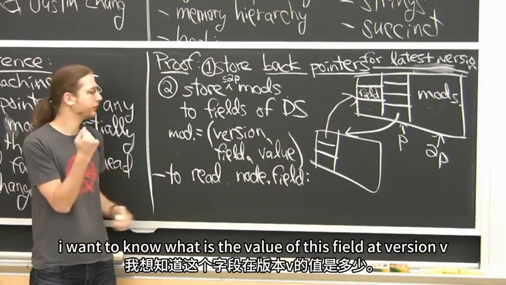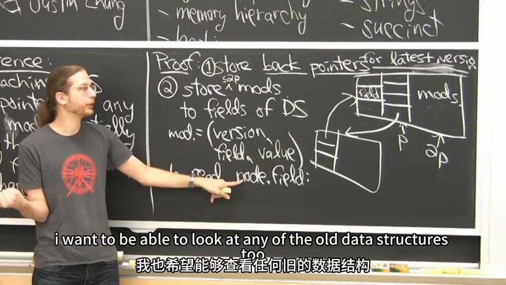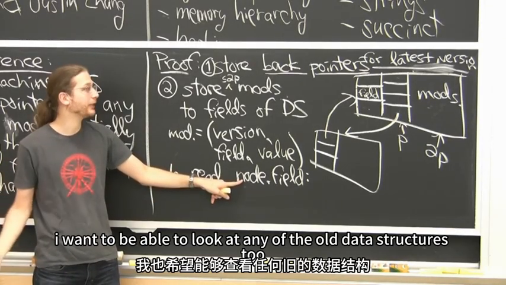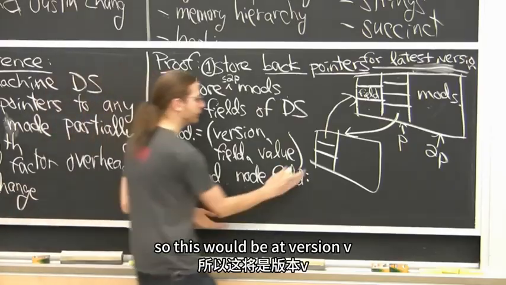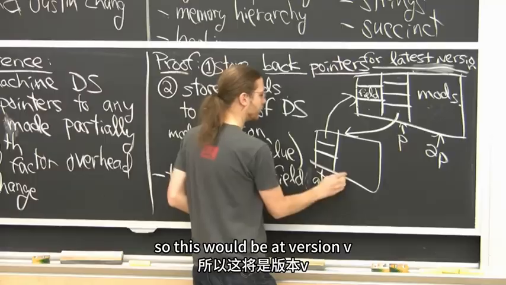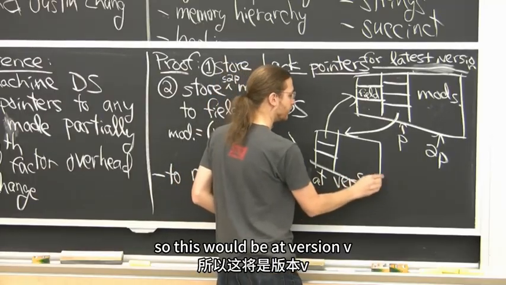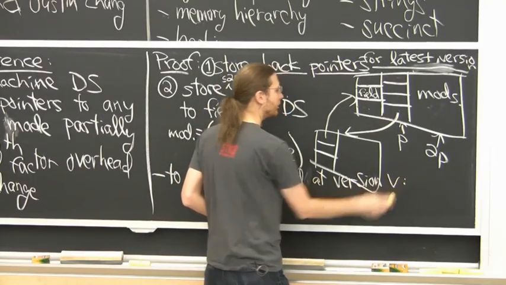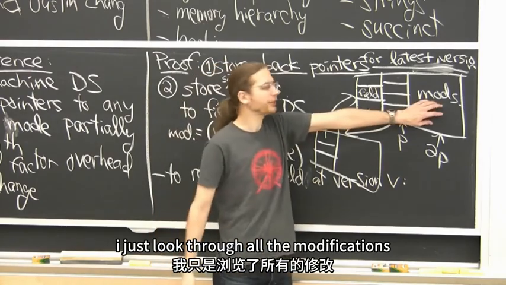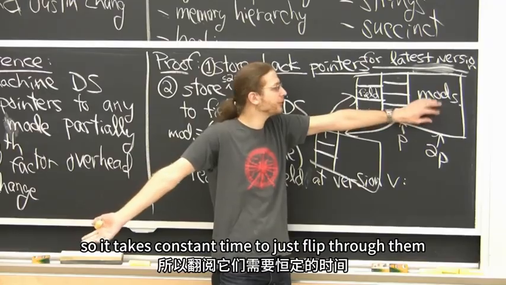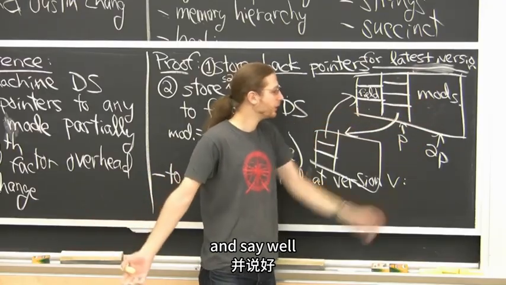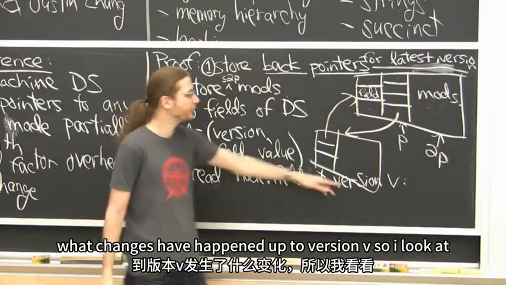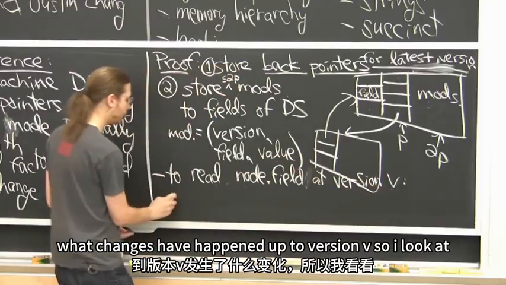I want to know what is the value of this field at version v, because I want to be able to look at any of the old data structures too. So this would be at version v. I just look through all the modifications. There's constantly many, so it takes constant time to flip through them and say, well, what changes have happened up to version v?